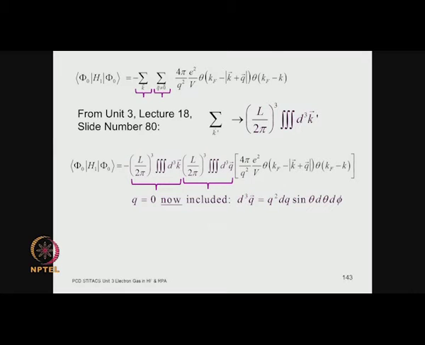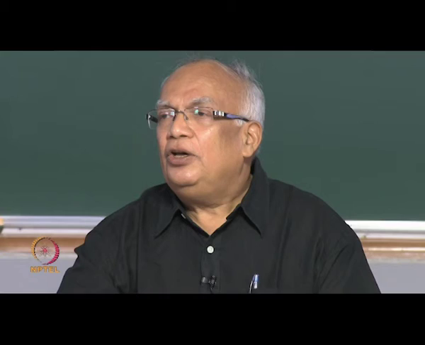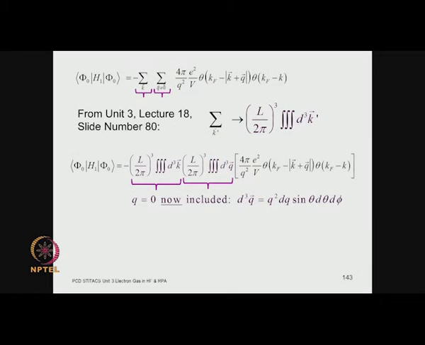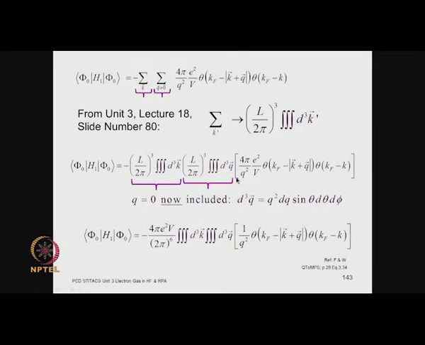So, when you carry out the corresponding integration, you do not have to worry about it. Okay. So, q equal to 0 now can be included, because you are doing this integration and you get the q square dq term in the volume element in the momentum space. Of course, you will get a factor of 4 pi. So, that will come when you carry out the integration over the solid angle.